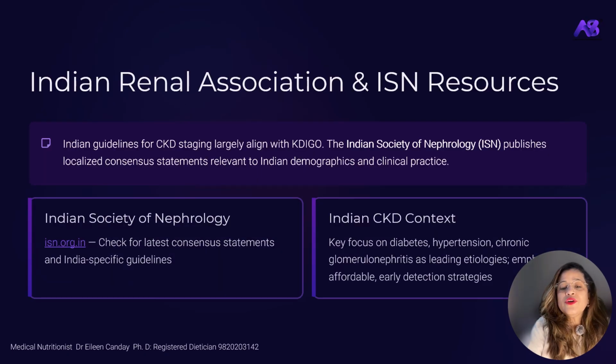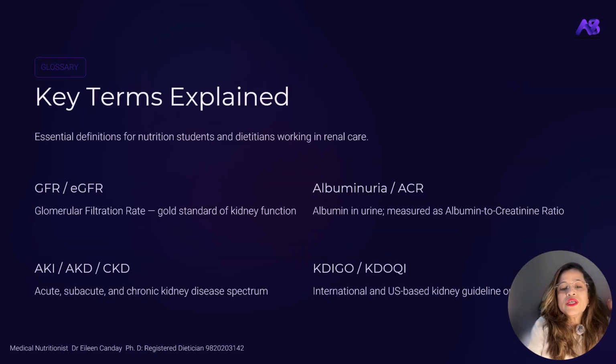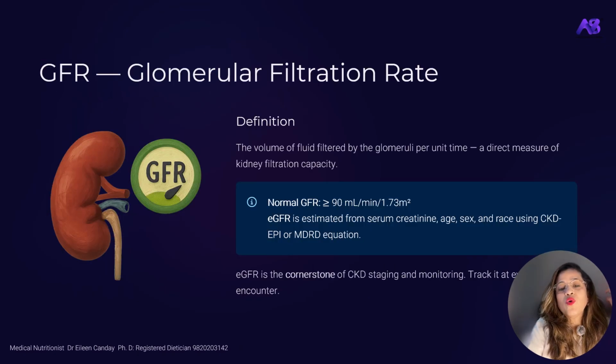Coming to the Indian Renal Association, or the Indian CKD context, the Indian Society of Nephrology. So these are some of the key terms. For the sake of the students, I have put it down so that you can understand what a GFR actually means. What is the definition of the GFR? The students can probably even screenshot this.